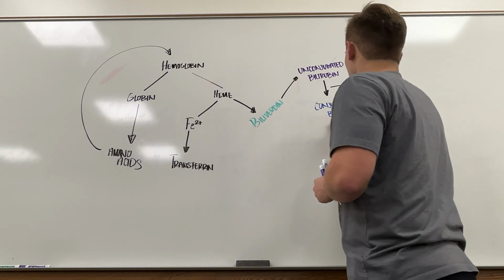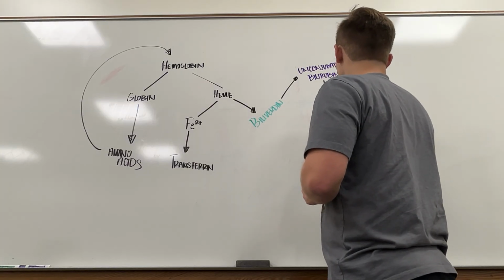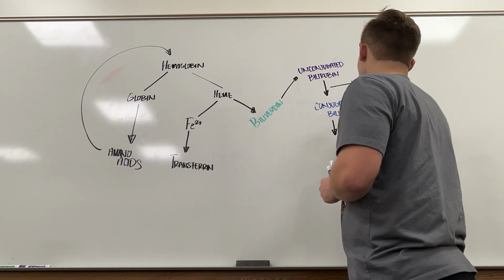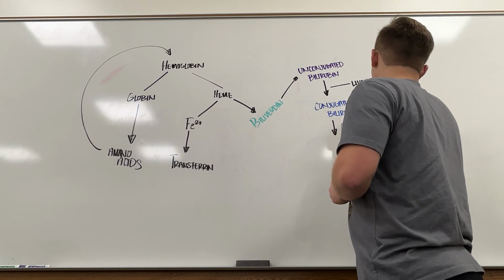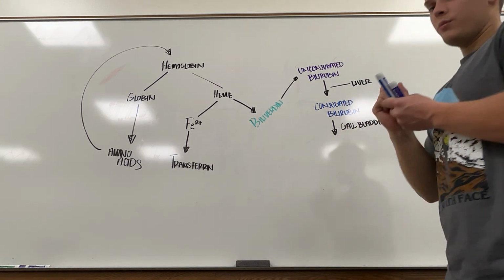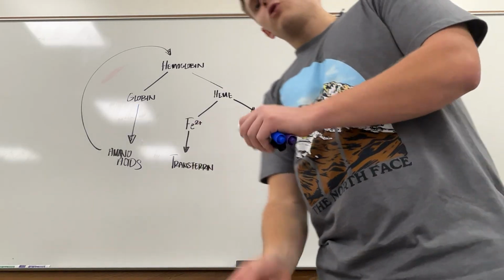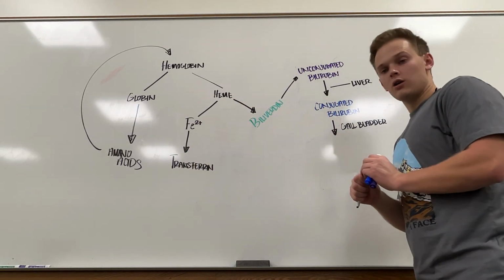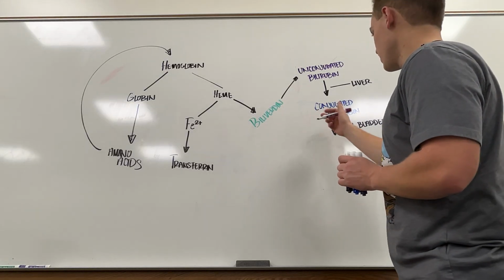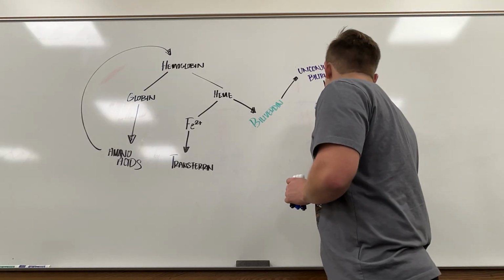Okay, conjugated bilirubin is going to pass through the gallbladder. And when it does, it's going to pick up something called glucuronic acid. Glucuronic acid is going to surround the conjugated bilirubin and turn it into bile.